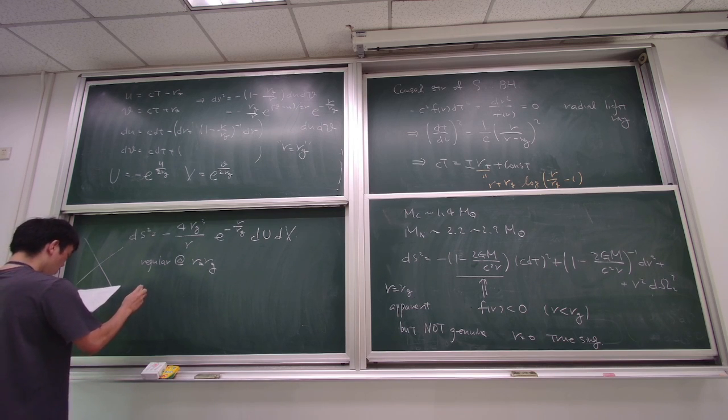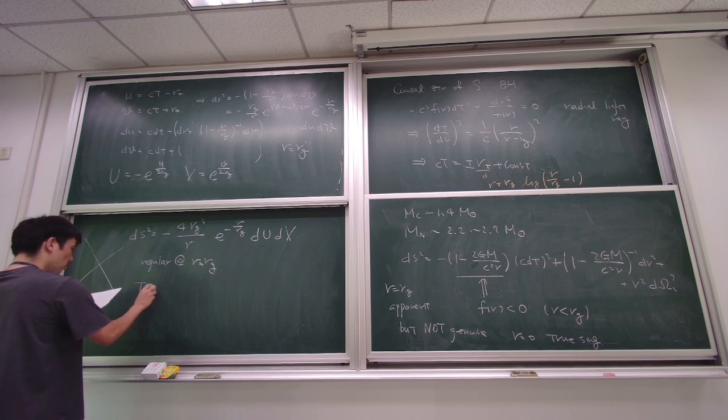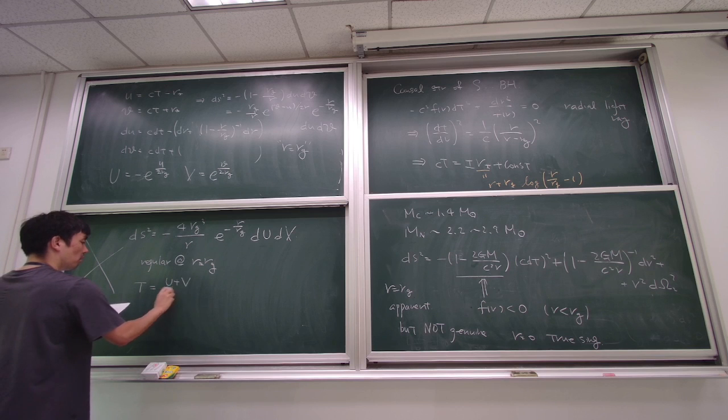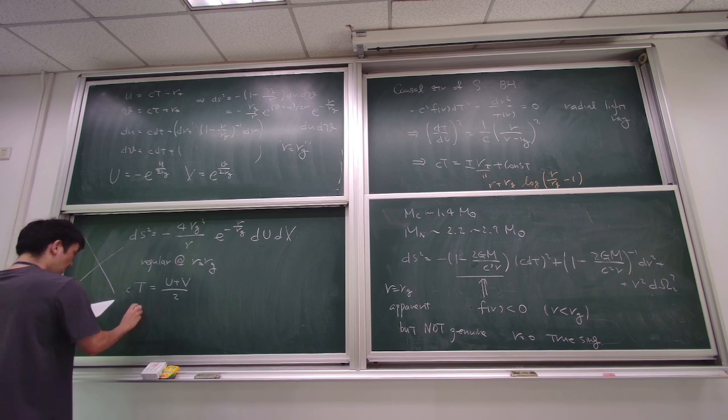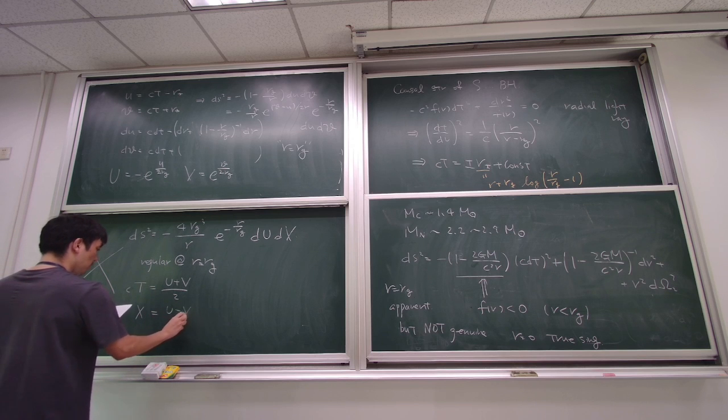So then to make the new coordinates x and t, t is equal to (u plus v) over 2. If you want to include c, it's okay. And x is equal to (u minus v) over 2.